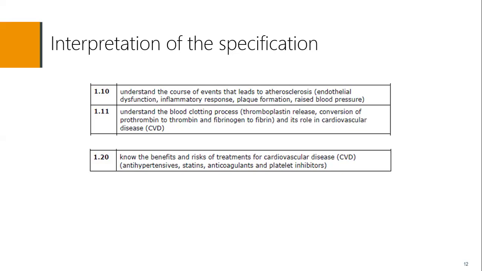Now, this tells you what your candidates need to know. If it's not in here, it's not something that they need to know. So they do need to know about the roles of thromboplastin, prothrombin, and fibrinogen in the clotting cascade, because that is specified in the specification.